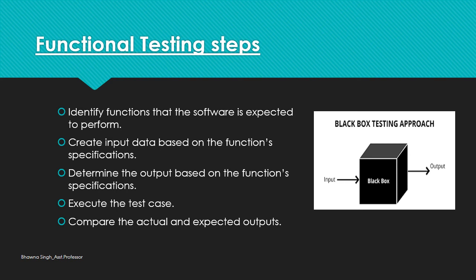So for this, the testing team provides the input data for the program, and the outputs that come out of the application are compared with the expected outputs, and on that basis they decide whether the application is performing according to the user's expectations or not. So basically, functional testing depends on the input data we give and the output that comes out of the application.